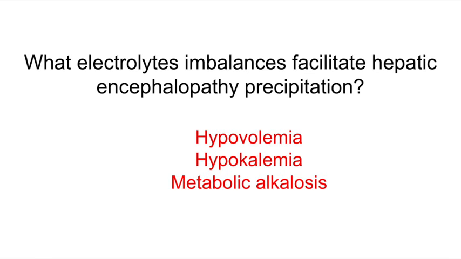And what the metabolic alkalosis does is decrease the urinary loss of ammonia. So basically, the hypokalemia and the metabolic alkalosis really increase the ammonia levels. So it's important to remember this fact that elevated ammonia can lead to hepatic encephalopathy.